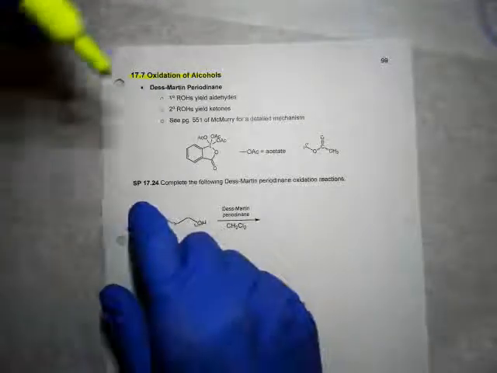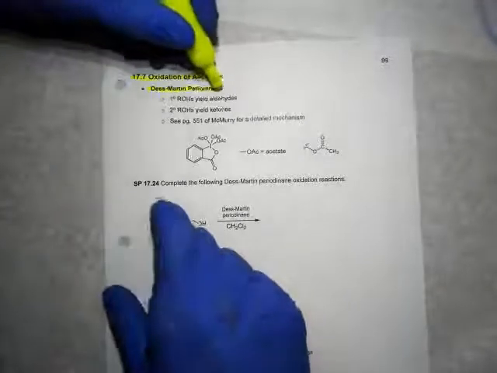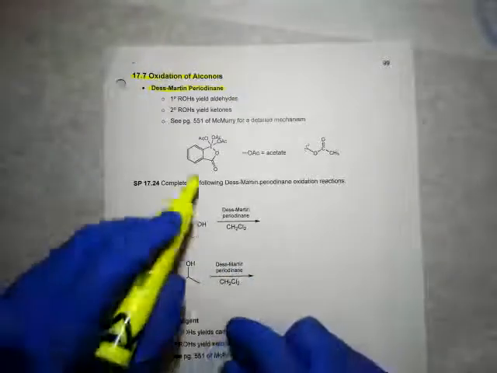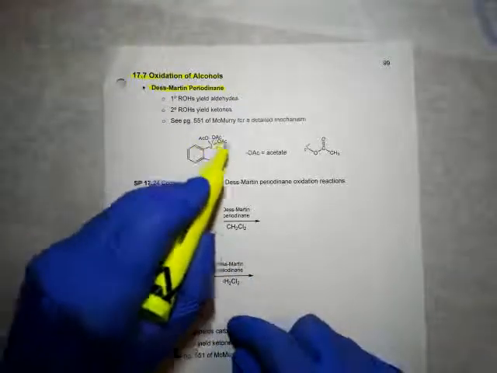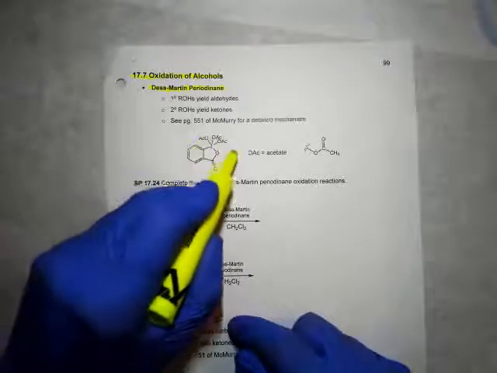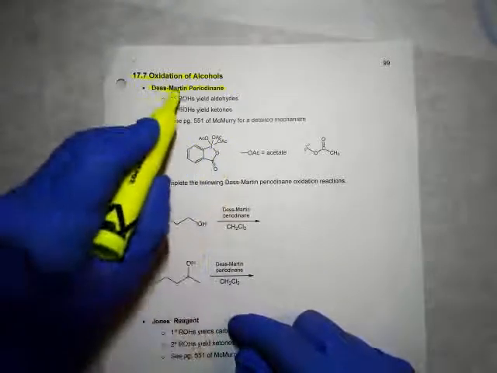Just about done. Let's go to page 99. Folks, this deals with the oxidation of alcohols. And I'm going to introduce to you something you've never heard about before called the Dess-Martin periodinane. This is the compound here, named after the chemist who came up with it.